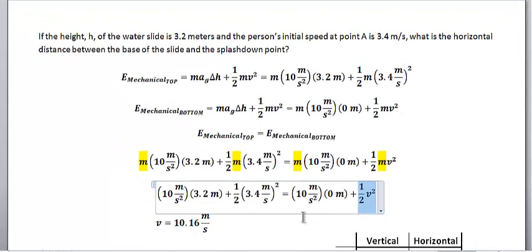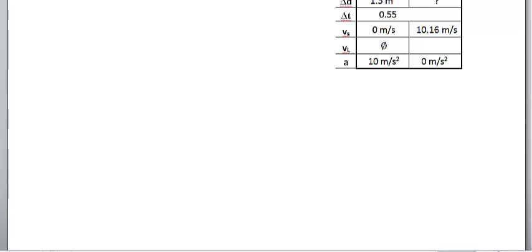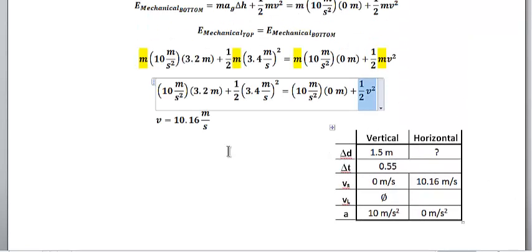I didn't bother doing that on the screen for you, but the velocity works out to 10.16. The kid launches from the slide, traveling perfectly horizontally because of the way the slide's drawn and built. So now it's in the air.